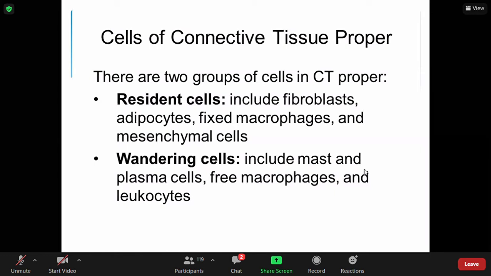If you have an inflammation, then they will run into that area where you have the inflammation, because that is their function. They release chemicals that are needed to stop the inflammation or injury.